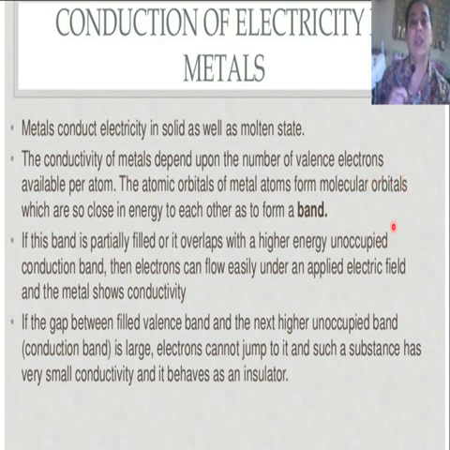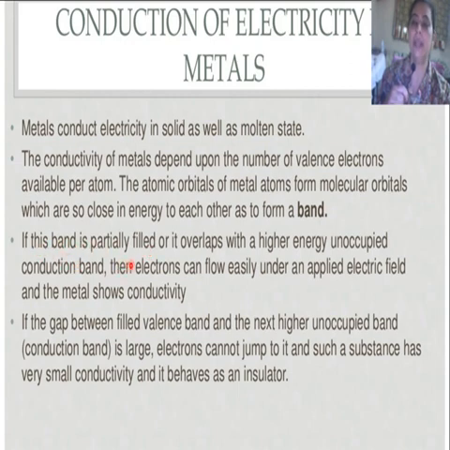The valence band has a low energy level and the conduction band a higher energy level. The highly occupied band is known as the valence band and the unoccupied band is known as the conduction band. This we will study in detail in the next slide.